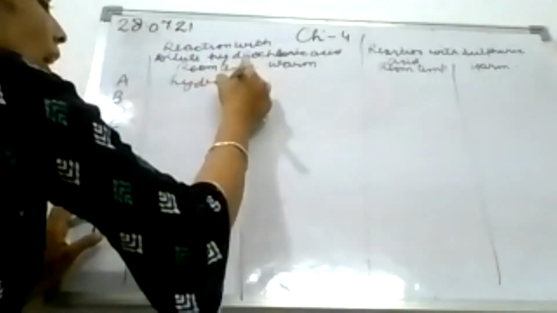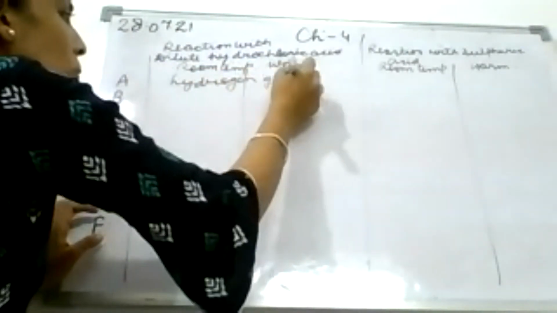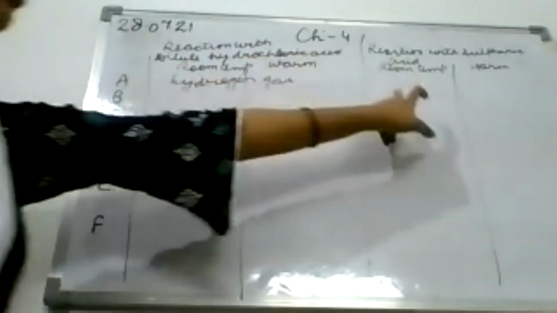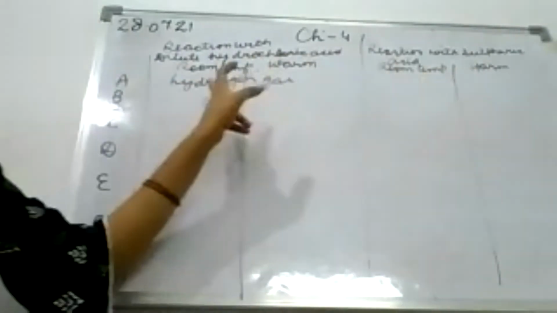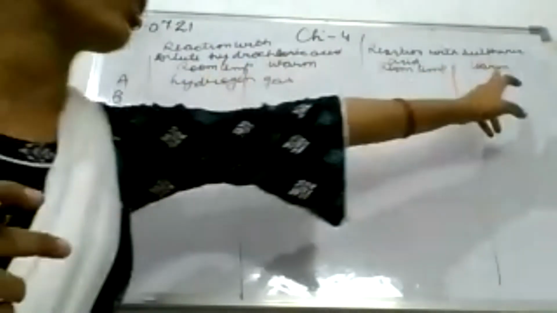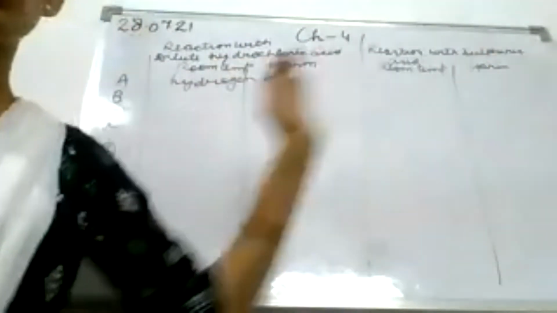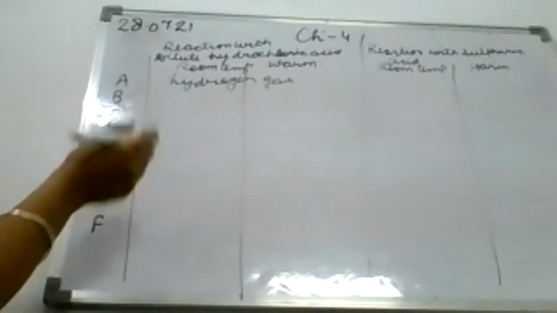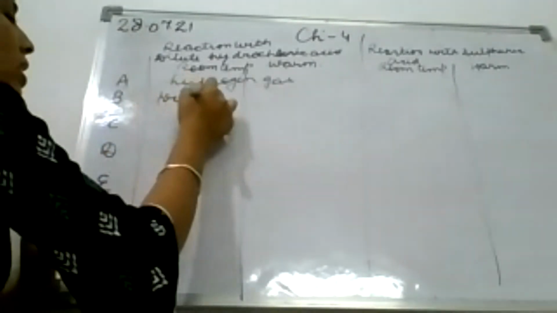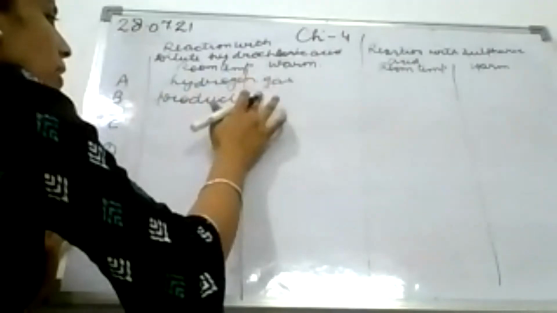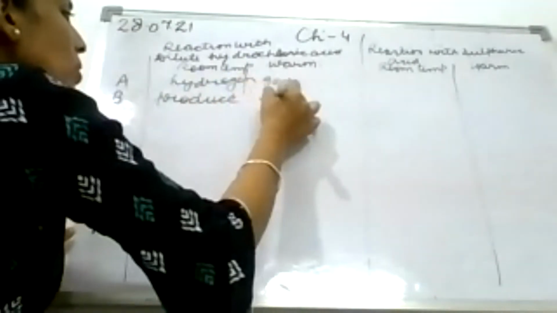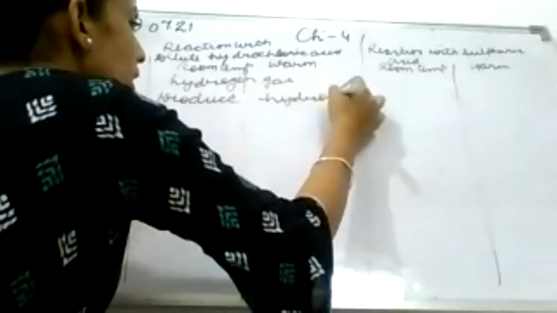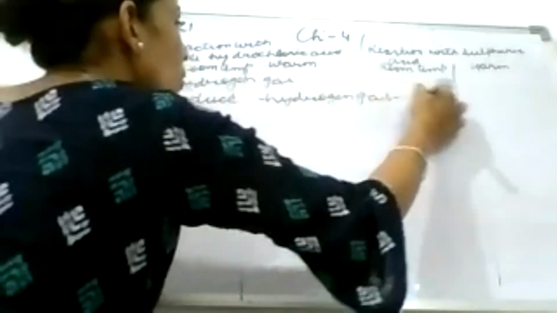Here you can write produce hydrogen gas. In all the four, there will be release of hydrogen gas, so you will write hydrogen gas in all the four columns. Clear? Next, B is aluminium. In this case also there is production of hydrogen gas. In all the four you will write this.